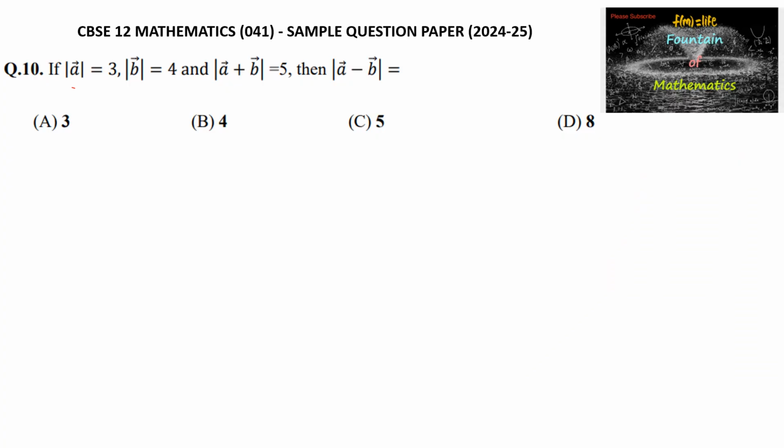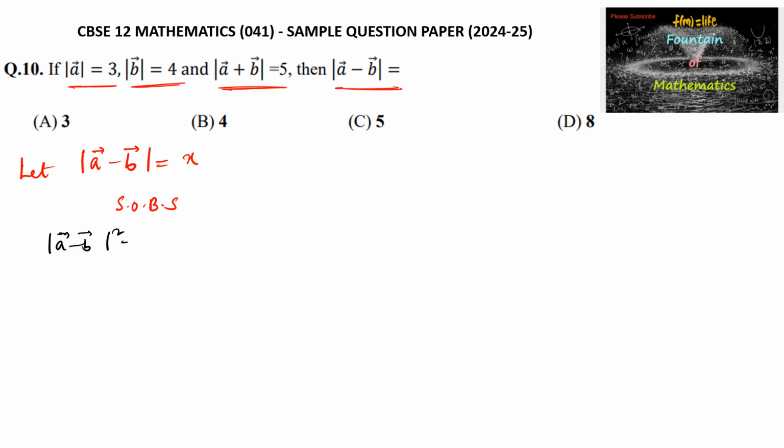Given that modulus of vector A is equal to 3 and modulus of vector B is equal to 4 and modulus of vector A plus B is equal to 5, we need to find modulus of vector A minus B. So let us consider mod of A minus B is equal to x. On squaring on both sides, we can write mod of A minus B whole square is equal to x square.